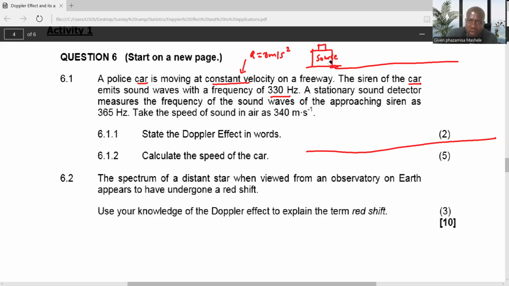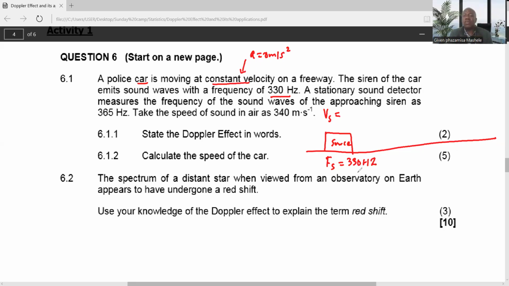This is the police car, and it is regarded as the source. This is the one producing sound, so we need to know the velocity of that source. We know the frequency of the source: the source is producing a sound of 330 hertz.